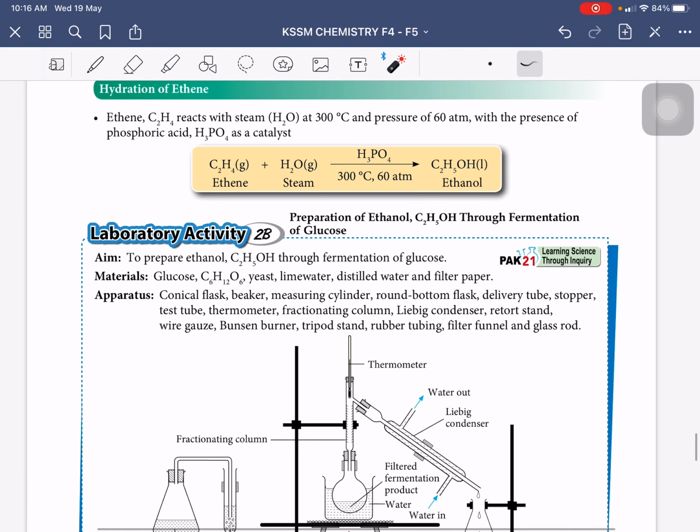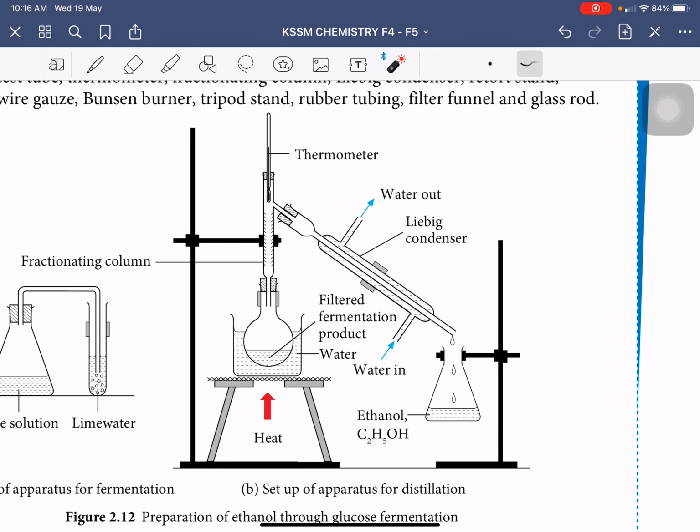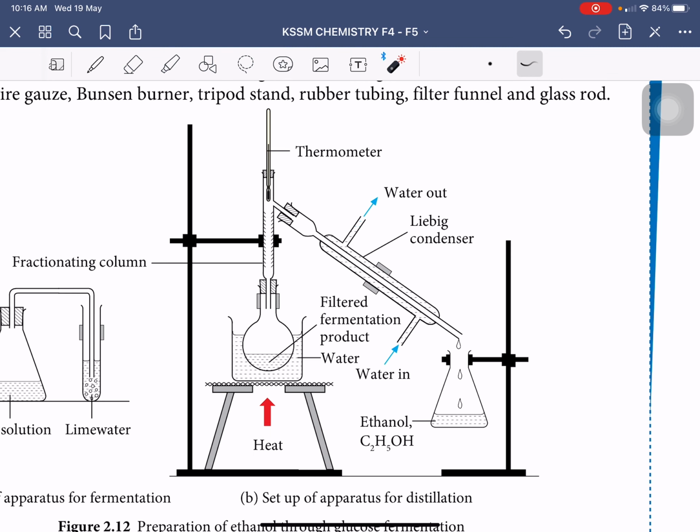Okay. So this is the setup of apparatus for distillation, where you can see this Liebig condenser, where water in and water out here. What is water in? What is water out? Water in is the hose connected to the pipe in the lab. Water out is a small hose connected to the sink. Ini air masuk dari pipe sinki.